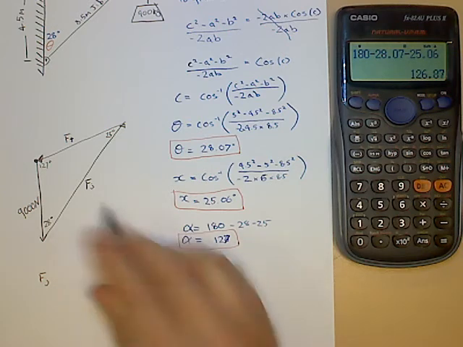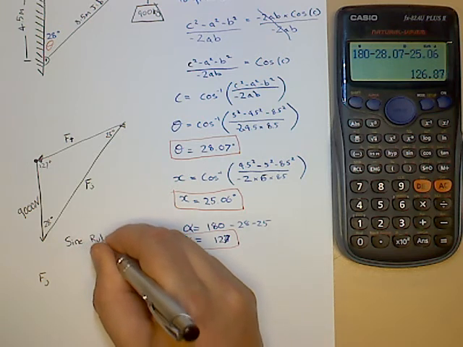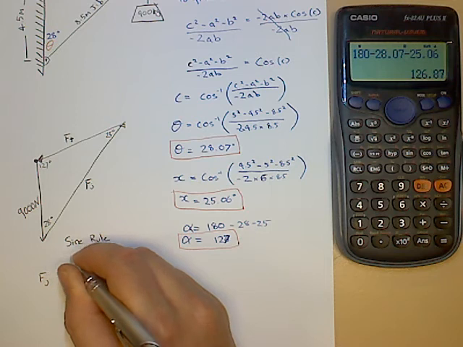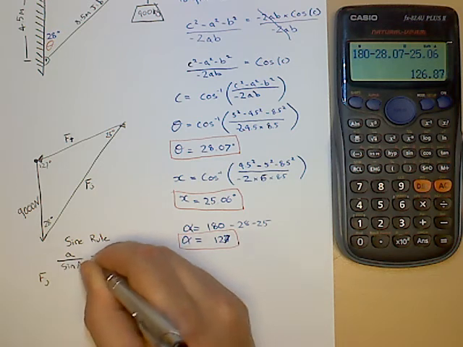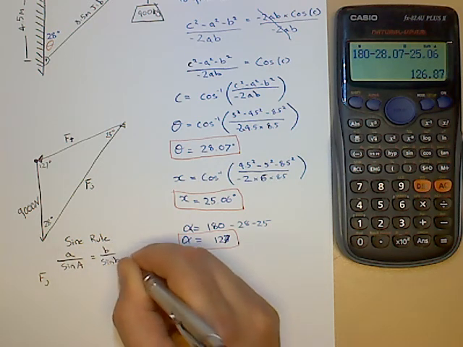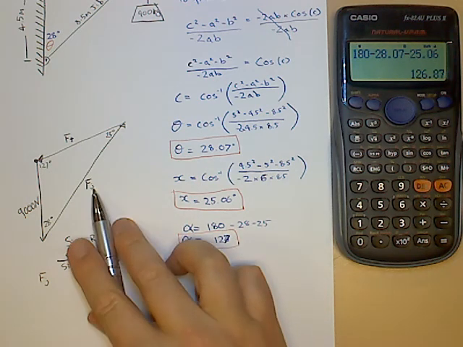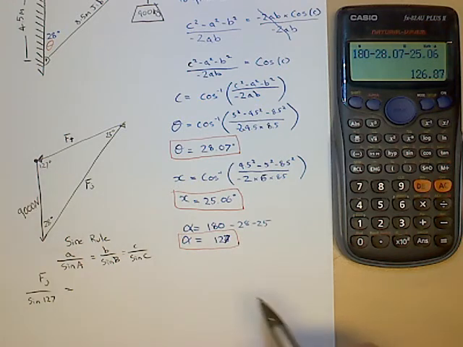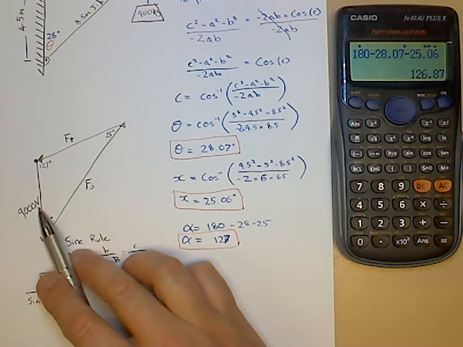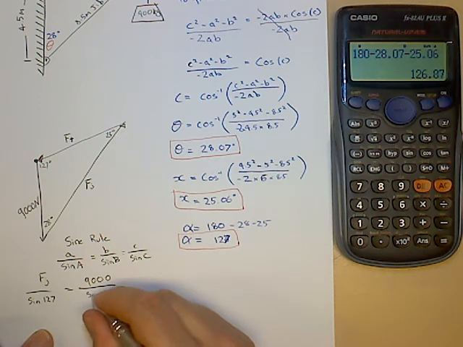So remember the sine rule is A over sine A equals B over sine B equals C over sine C. So Fj over sine 127 equals, we need to put in our known one, so 9,000 over sine 25.